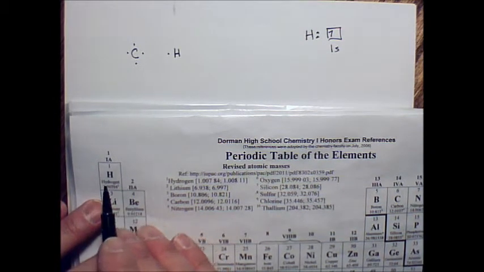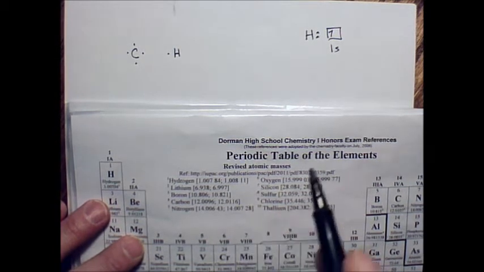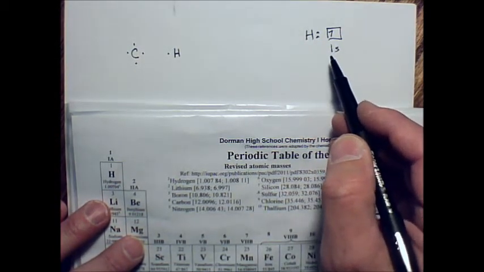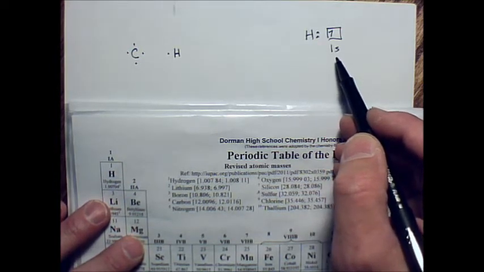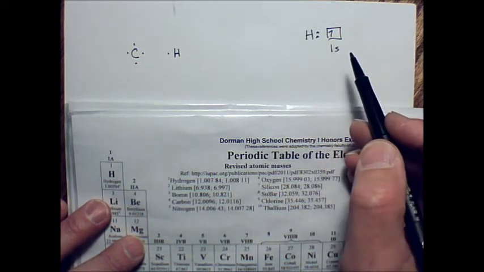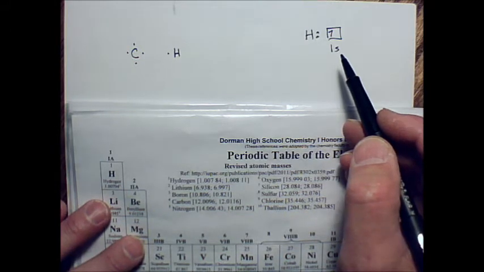Are there any p orbitals at all in this first row? No. So to fill up the valence level of hydrogen, we can only fill up an s sublevel. Got that? How many electrons can I put in an s sublevel, Laura? Just 2.